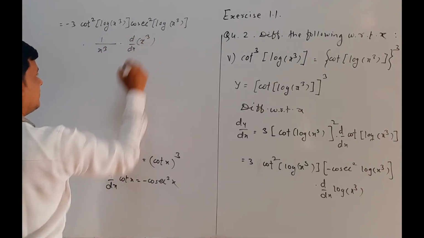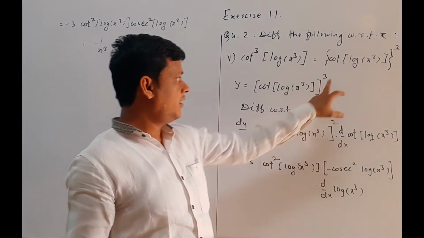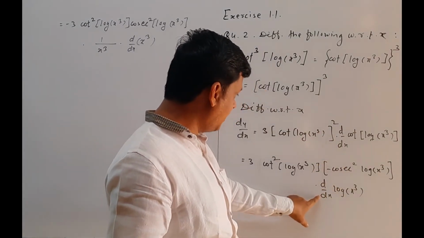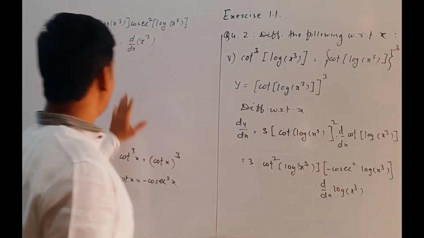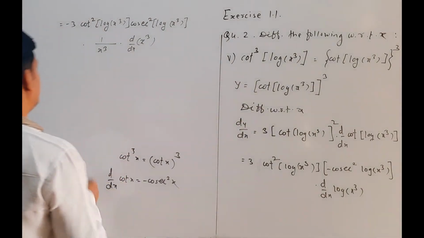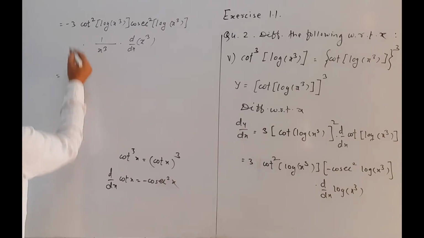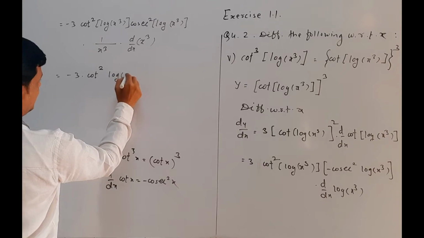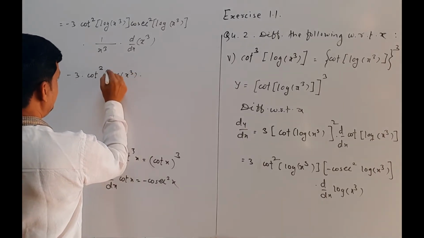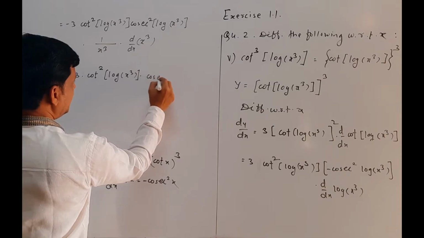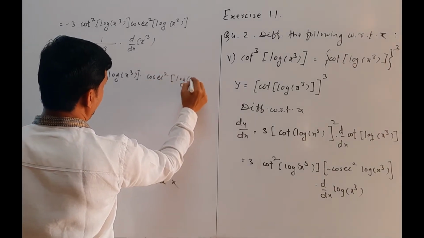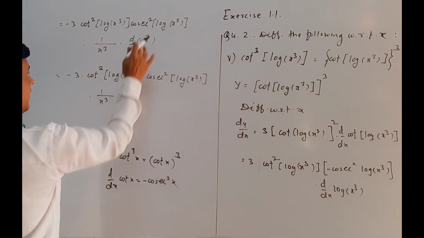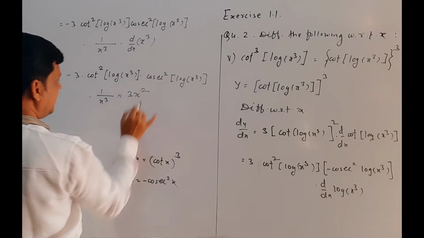x cube. Now see here, first we find the derivative of power, then we find the derivative of cot, then we find the derivative of this log. Now we find the derivative of x cube. So we write here minus 3 into cot square log of x cube into cosec square log of x cube into 1 by x cube into the derivative of x cube, which is 3x square.